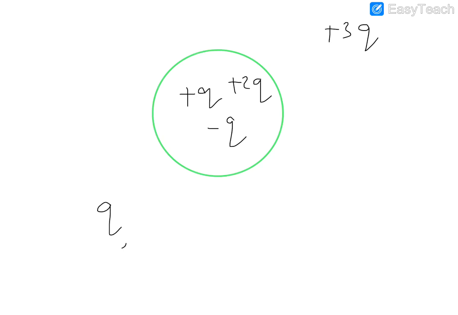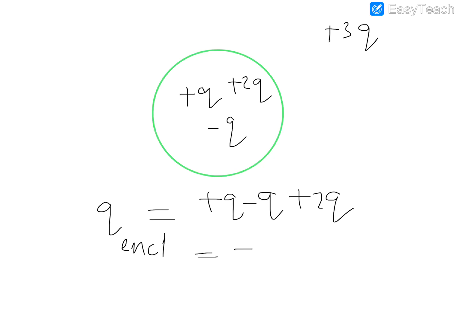Now what is the enclosed charge by the sphere? The answer is plus q minus q plus 2q. You don't need to consider this charge because it is not enclosed by the sphere, it is outside the sphere. So the answer will be plus 2q. So this is the concept of enclosed charge.